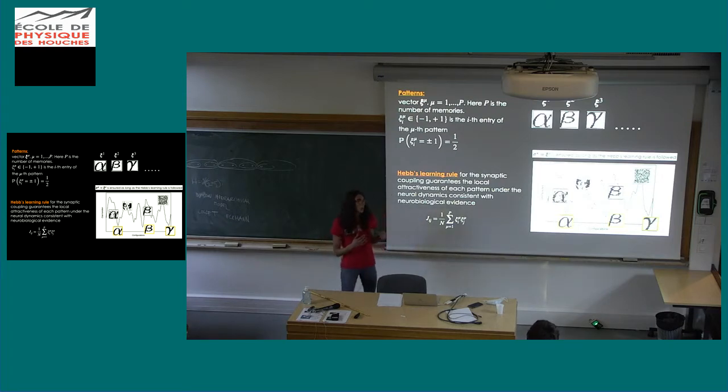We want to construct our network in such a way that the correct pattern will be the minimum configuration, and the other points will be the corrupted patterns or completely random patterns. To do this, a good recipe is the Hebb learning rule, which tells us essentially that the matrix J is the scalar product between the patterns.